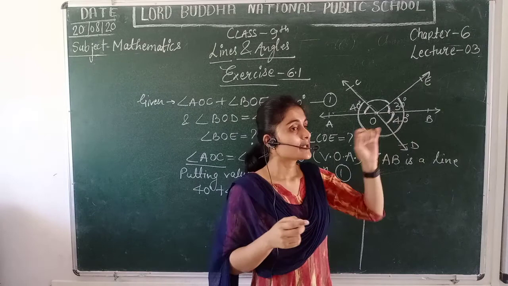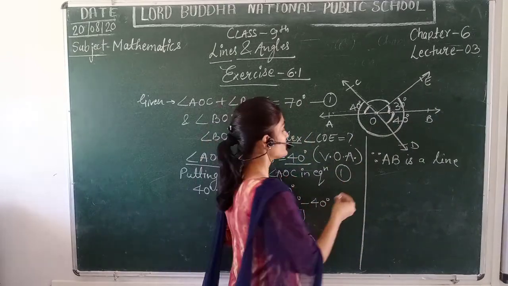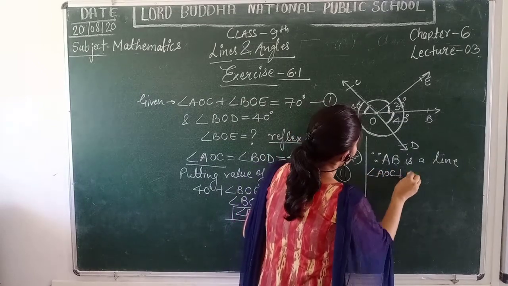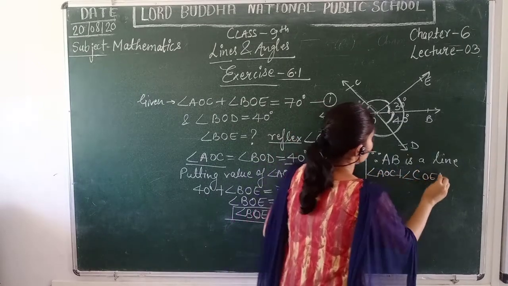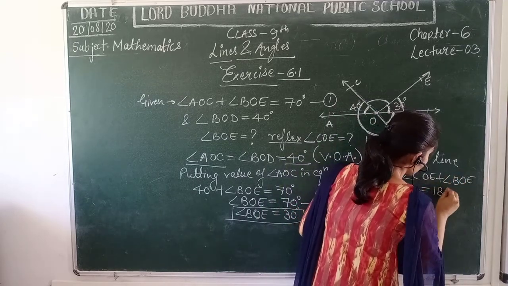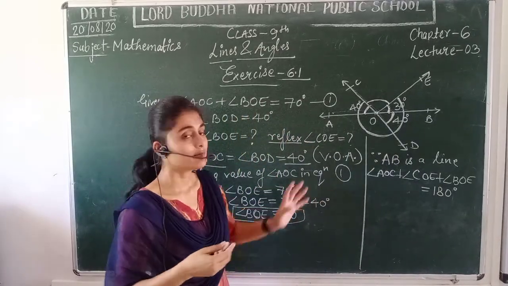Because these three angles are formed on a straight line, they will sum up to 180 degrees. So angle AOC plus angle COE plus angle BOE equals 180 degrees. Now, we will put the values of whatever angles we know.